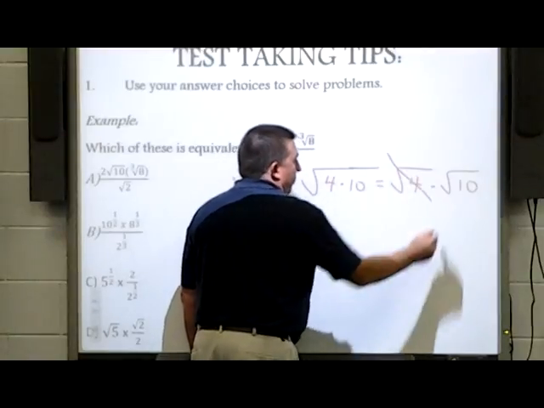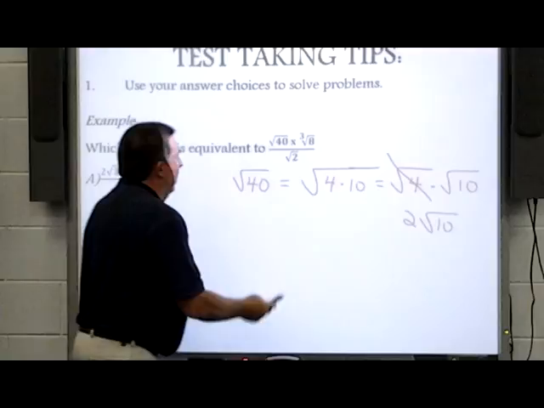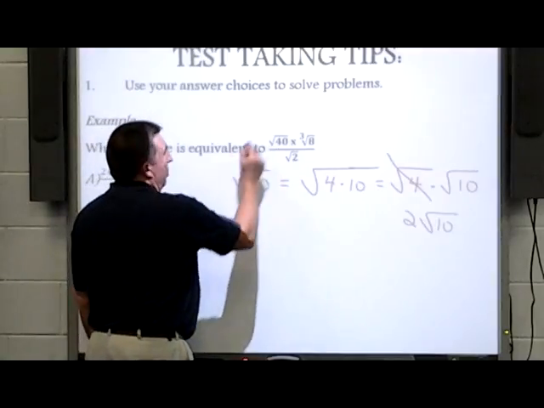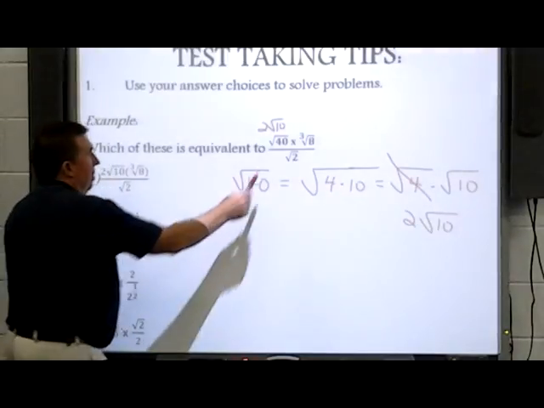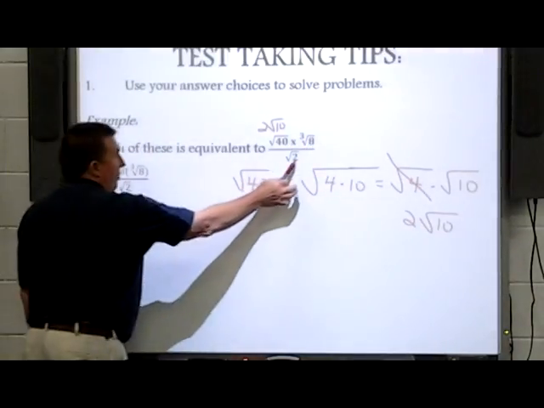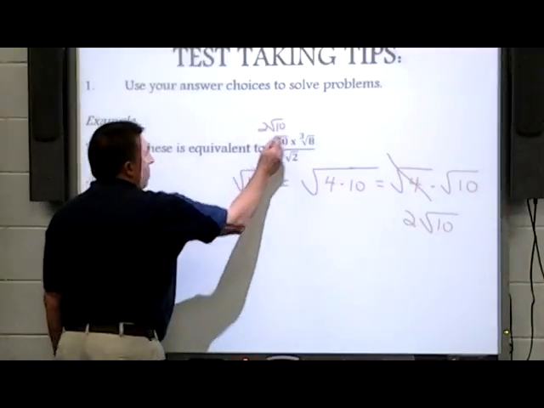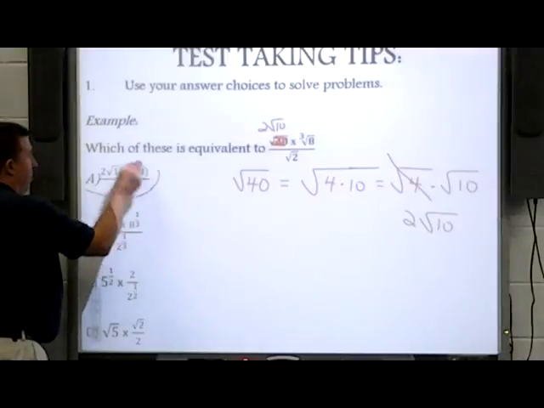And I know the square root of 4 is 2. So basically, in place of the square root of 40, I'm going to put 2 times the square root of 10 in there. If I wanted to find that, that would be 2, but that's not one of my choices. And if I leave the square root of 2 there the same, I could find that this is the correct answer. It would be A.